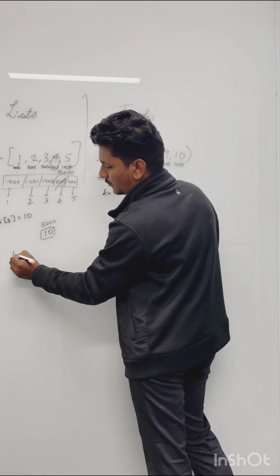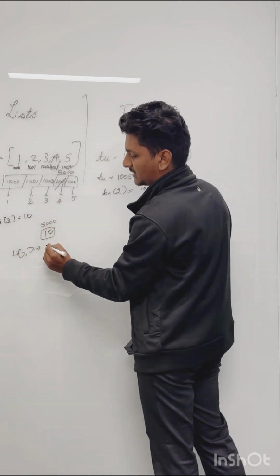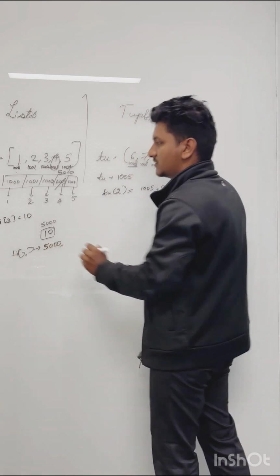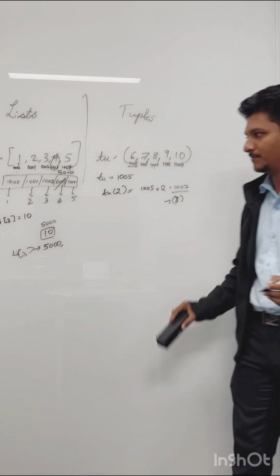So whenever you fetch li of 3, you will directly get 5000. So the first difference is list is mutable and tuple is immutable.